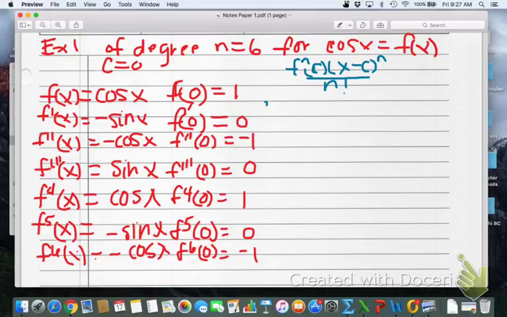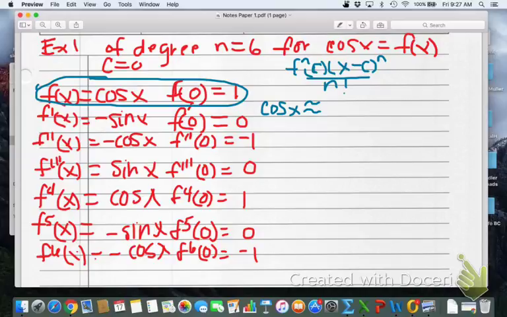All right, so cosine x is approximately, now our first term is always just going to be the function itself evaluated at c. So in this case, that's going to be 1. Now, the next term we're going to say plus the first derivative, which is 0, times x to the 1 over 1 factorial.